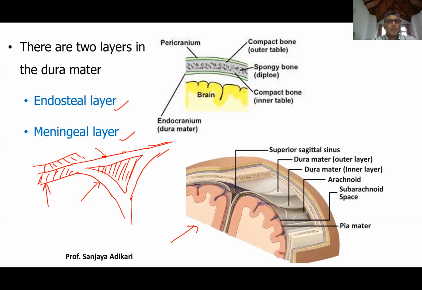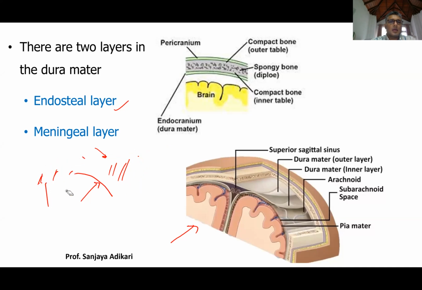So if you look at this diagram, which I got from the internet, you can see a few things. You see the skull outside here, which has 2 layers on either side: pericranium outside, and inside you get the endocranium.